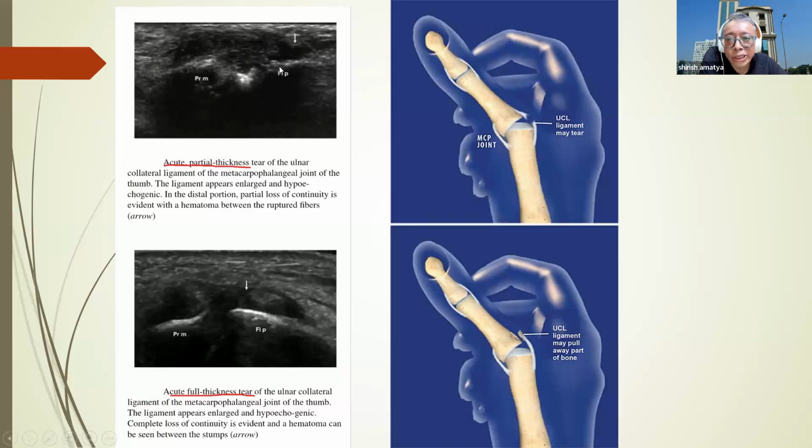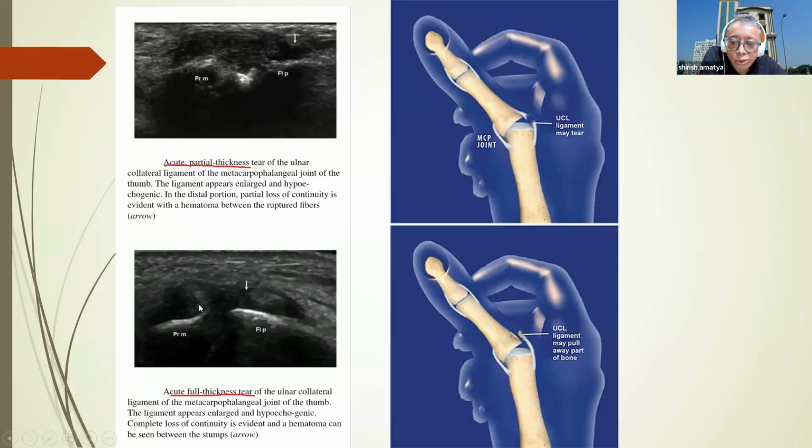So this is basically an acute partial thickness tear of the ulnar collateral ligament, and this is also one of the examples of skier's thumb. Another, in the lower part of the picture, you can see the ulnar collateral ligament is retracted because of the full thickness tear at the middle. So there are two stumps.